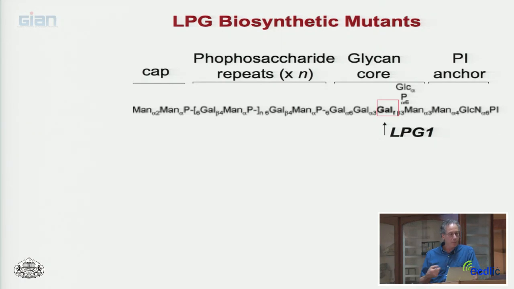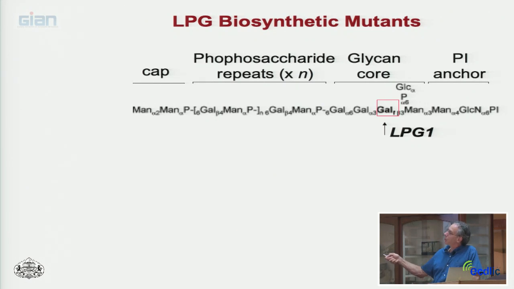So this is a remarkable oligosaccharide structure, which requires, as you can imagine, an impressive number of glycosyl transferases to generate it. And in Steve Beverley's lab at Washington University and Salvatore Turco's lab at the University of Kentucky, they generated and biochemically characterized a number of mutants of Leishmania.